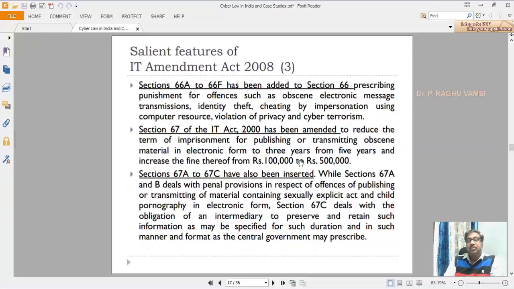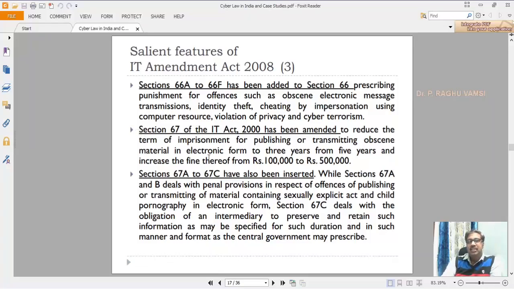Section 66A to 66F has been added to section 66, prescribing punishment for offences such as sending offensive electronic messages, transmissions, identity theft. But in this, remember, section 66A is not in force now. Okay, it was struck off by the Supreme Court in 2015.